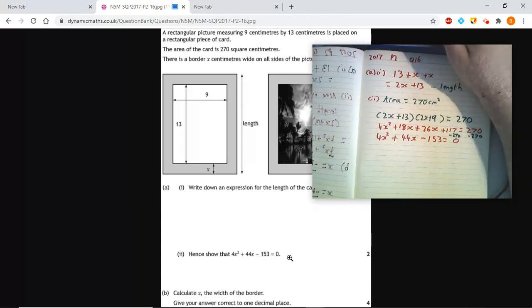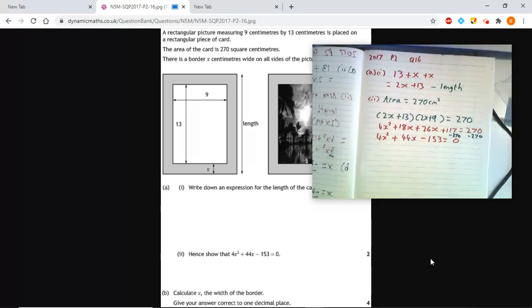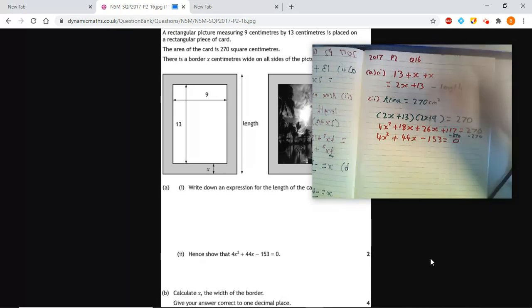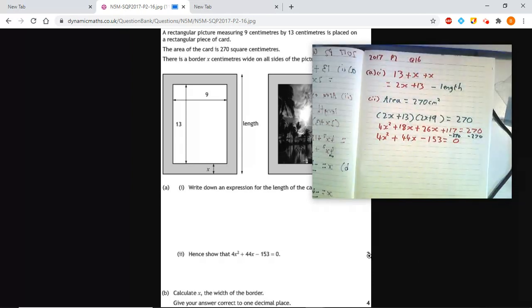So we've done that now. Again, if you're wondering why I subtracted 270 from both sides, it was because I knew the question wanted me to have equals 0. If you look at the question, it's this expression on the left equals 0. So that's your clue that you don't want 270 on that side. You want to subtract it and have it on the other side. So that's just done this part.